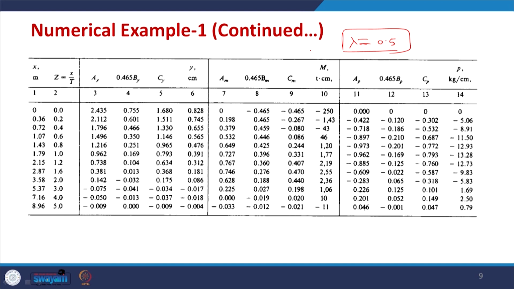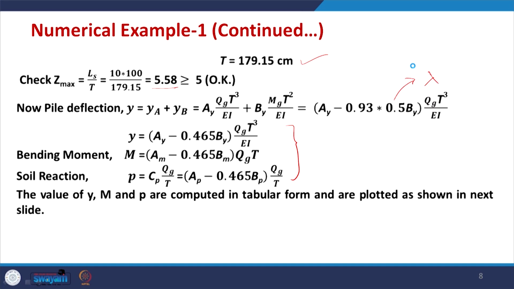For this case, you could see x is given from 0 to about 9 meter, and for the given value of x, z, which is x by T, is calculated here, which is 0.0, 0.2, 0.4. Then for these values of z, Ay, Am and Ap are taken from the chart. From which table have they been taken?